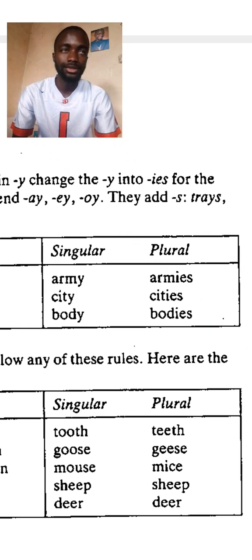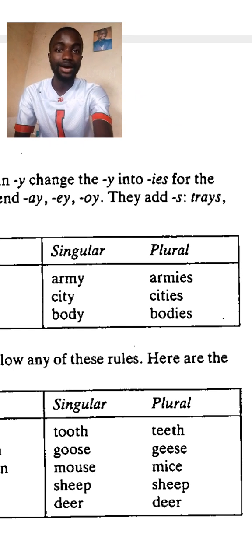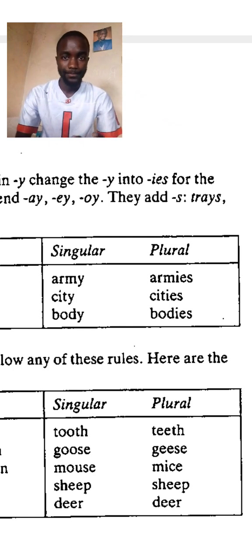I don't know how that would sound, definitely. You can see how difficult it would sound if you just removed the Y and put IES. It doesn't sound logical, even by pronouncing it. So the pronunciation is probably the reason why grammar says no. It's not possible. I guess that is clear.